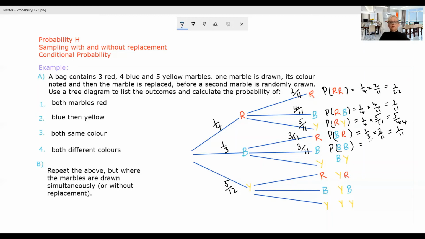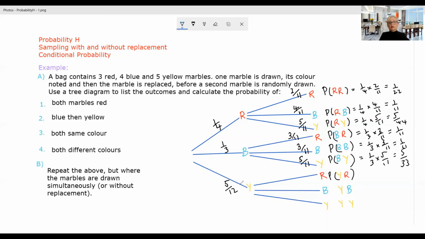So it will be a third by 3/11, which is 1 on 11. If the first one is blue, then you've still got your 5 yellows in there, but you've only got 11 marbles. So a third by 5 on 11, which is 5 on 33.